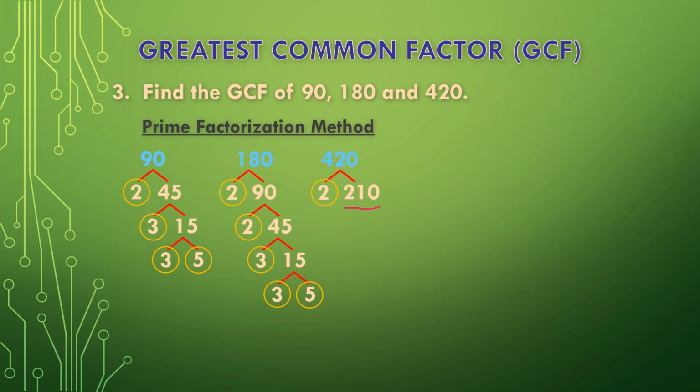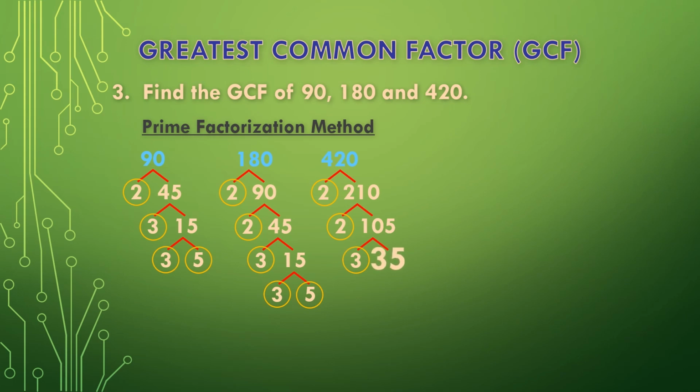Let's split 210 into 2 and 105. 2 times 105 is equal to 210. 2 is a prime number, so let's encircle it. 3 times 35 is equal to 105. 3 is already a prime number. We can't break it down any further, so let's encircle it.